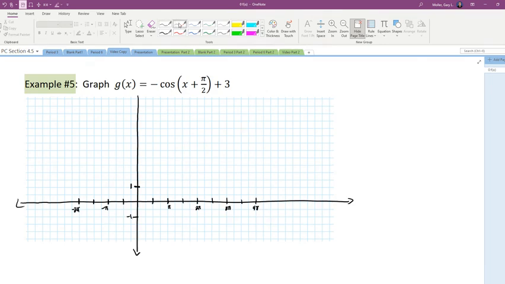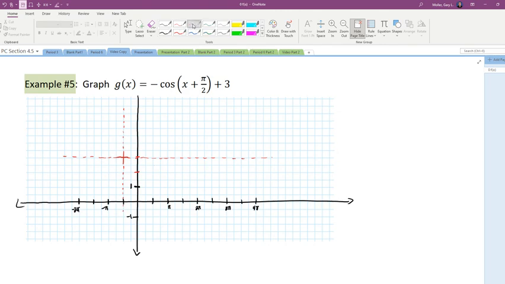So let's establish our new location of the x and y axis. We're going to move it over to pi over 2, which is this first tick mark, and then up 1, 2, 3. So we are going to be looking at our x and y axis right here. And since we're brand new at this, what I would highly recommend is let's put the parent function down right now in this new location.